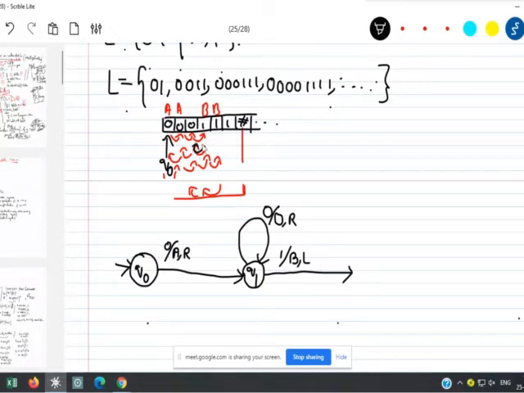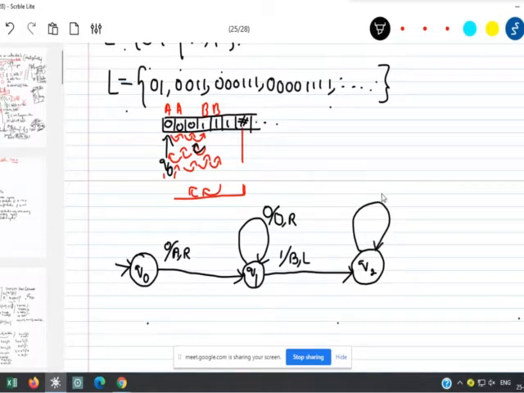Now, when I move towards the left side, I'm going to find some zeros. In my case, I'm going to find 2 zeros. I'm not going to disturb those zeros. I leave them as they are. This is Q2, and I'll have a self loop.